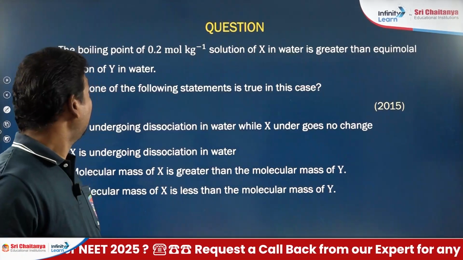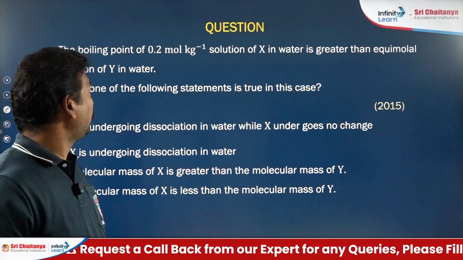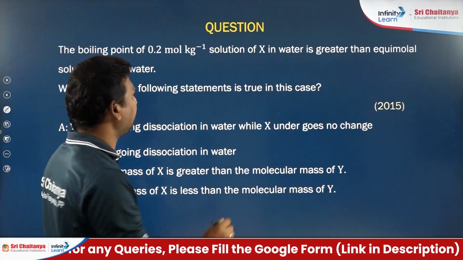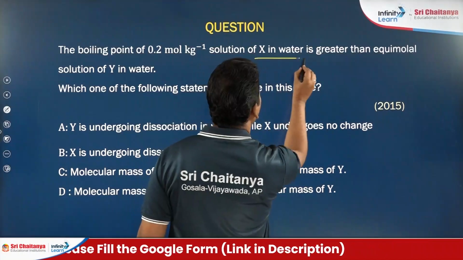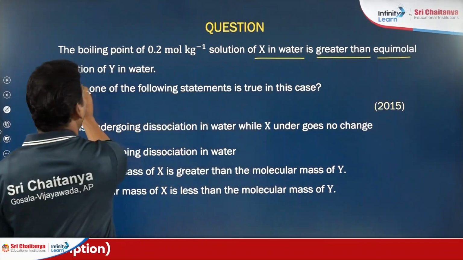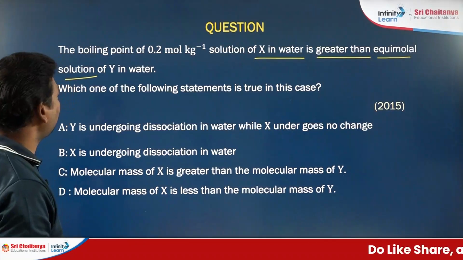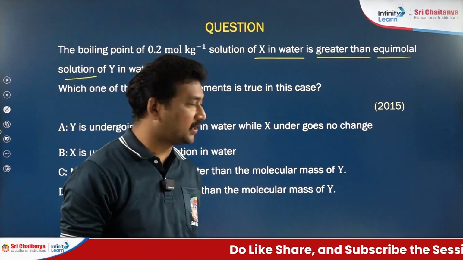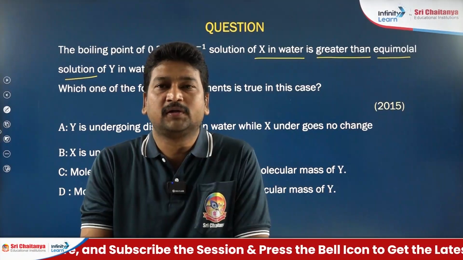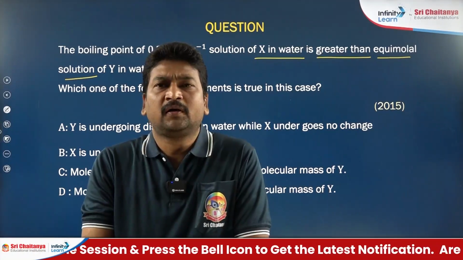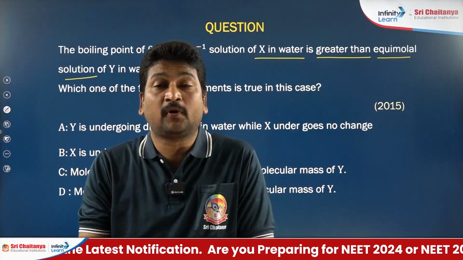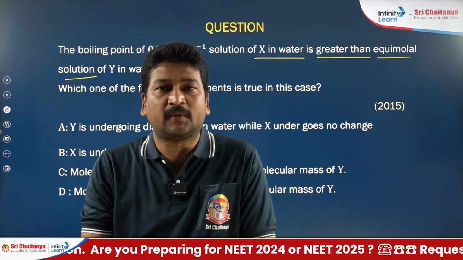Coming to the next one. The boiling point of 0.2 mole per kg solution of X in water is greater than the boiling point of an equimolar solution of Y in water. Which one of the following statements is true in this case? My dear students, since they have mentioned equimolar solutions, we need to go for the number of particles, because the boiling point is the property which is directly related to the number of particles.